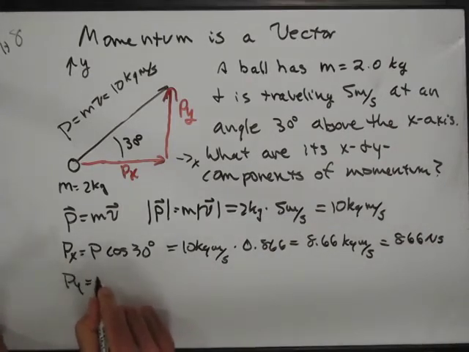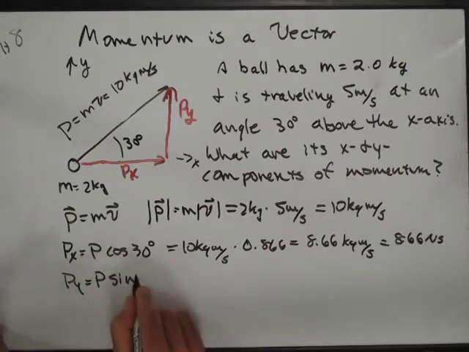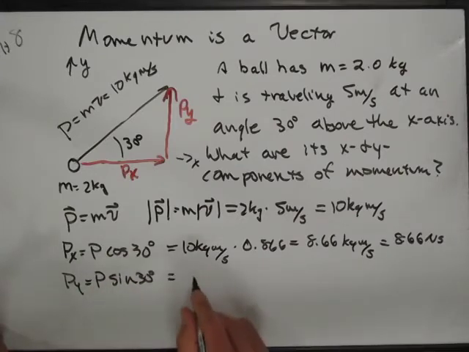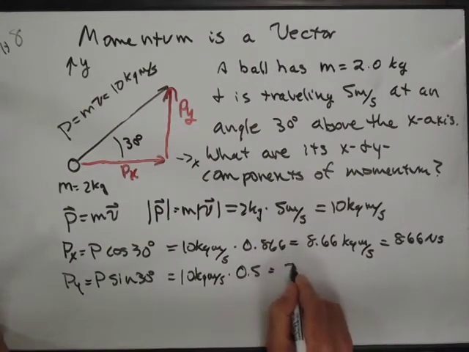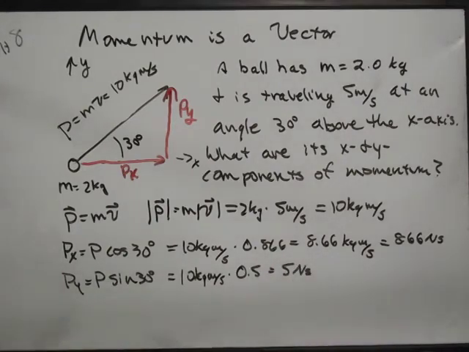Similarly, piece of y is p sine 30 degrees, which is 10 kilogram meters per second, times the sine of 30 degrees, which is 0.5, which is 5 Newton seconds, or 5 kilogram meters per second.